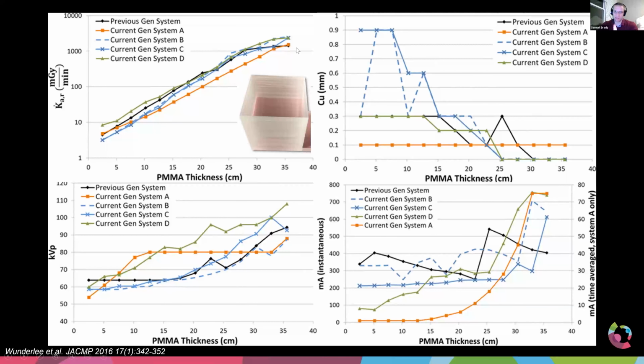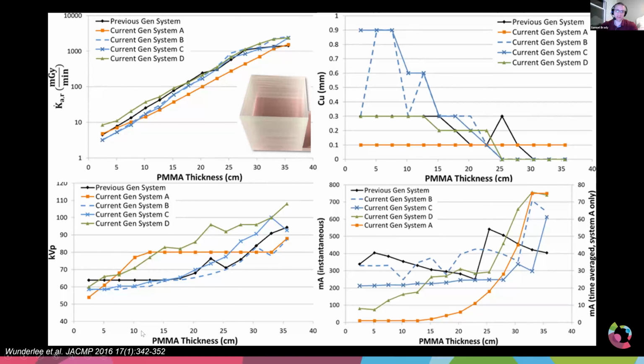So the take-home message is it's good to know how your system operates. Let's just look at this plot up in the upper right-hand corner. You have a couple of different systems, a couple of different vendors. So if you have the vendor in the orange, vendor A, they use 0.1 millimeters of copper, irrespective of how thick the patient is. So that's static. Therefore, kV has to change.